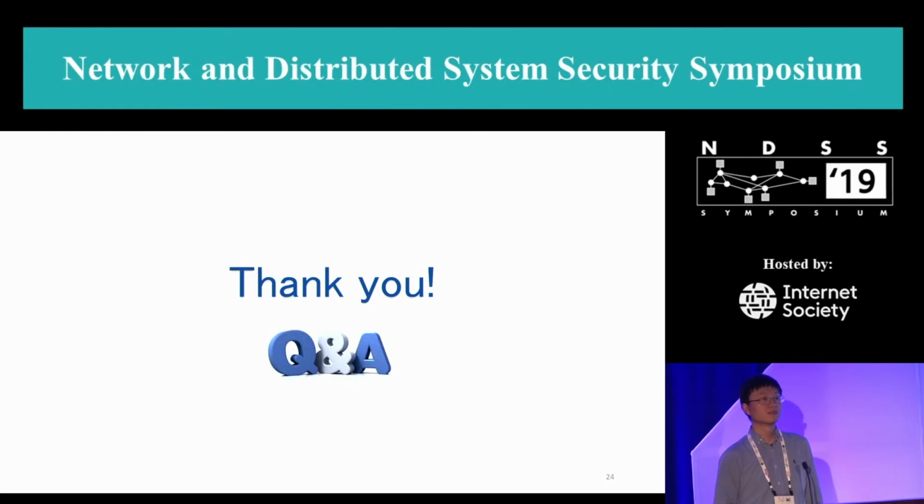Can they be misclassified as adversarial samples using your method? That's a very good question. We have the related data in our paper, but I can't recall the concrete numbers. I think we reported the false positive rates and everything. Okay, thank you. I can see it from the paper.